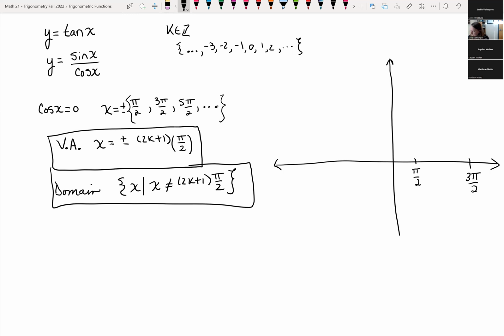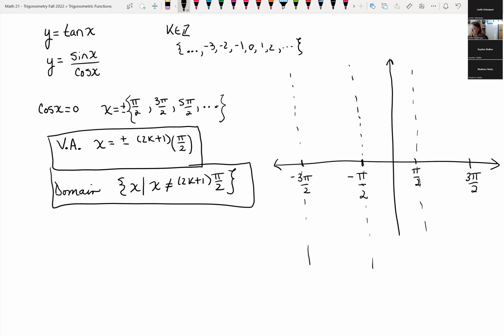We have negative pi halves. Negative 3 pi halves. So these are our vertical asymptotes. So finding these vertical asymptotes when you're graphing tangent of x and cotangent of x are really helpful.